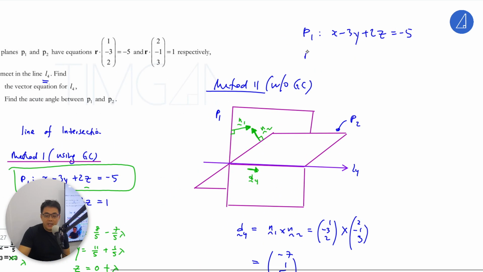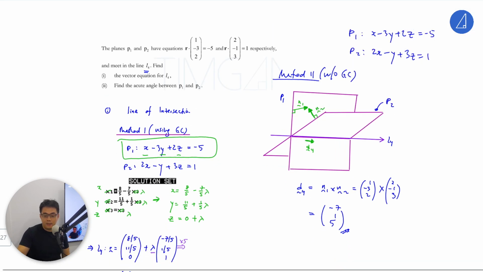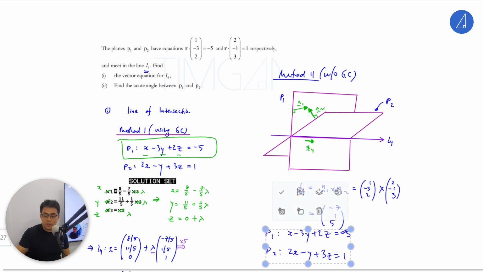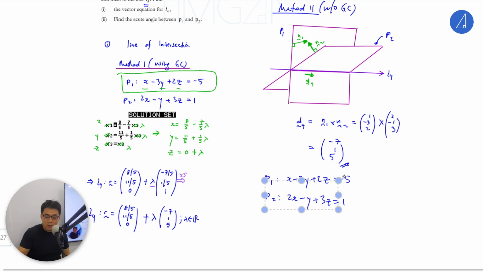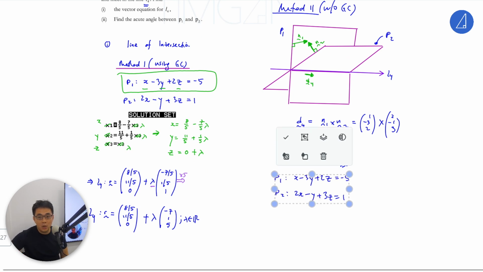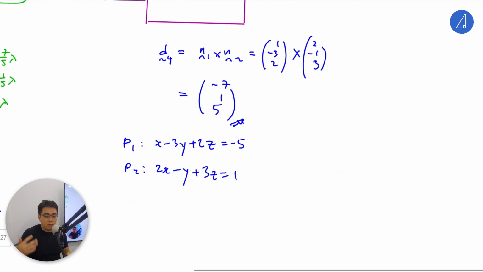But now you have another plane here. You need to find another point satisfying both planes. What do you do? That is the question. I repeat, you want to find x, y, z which satisfy both plane equations. But we have the luxury of choosing, because plane 1 and plane 2 have infinitely many common points.